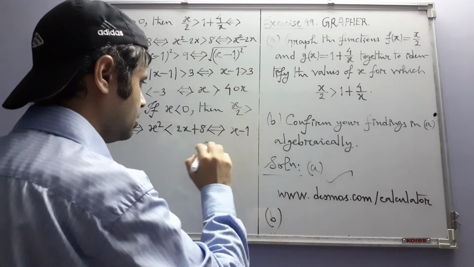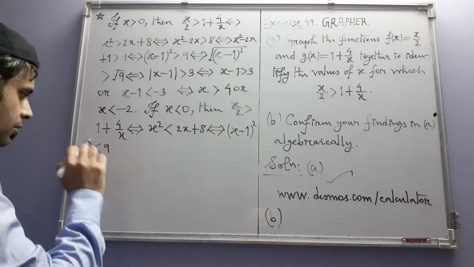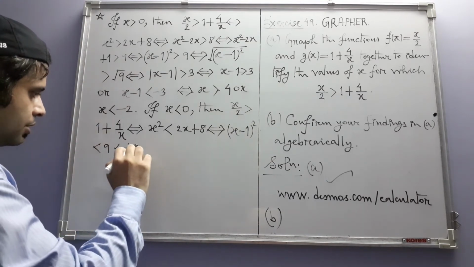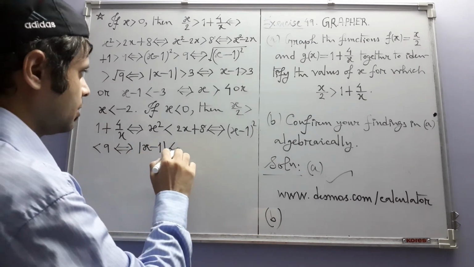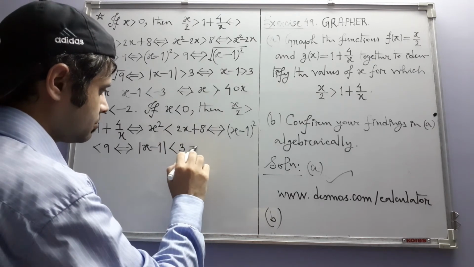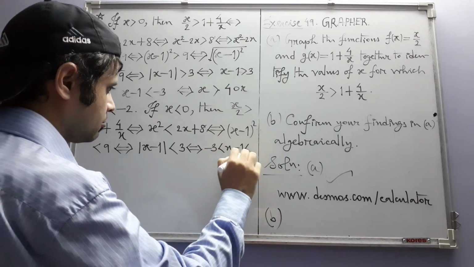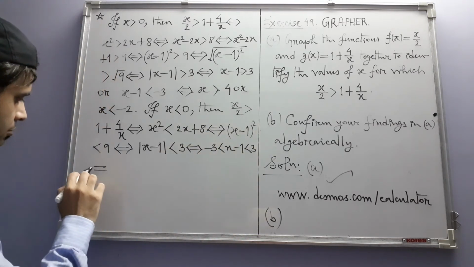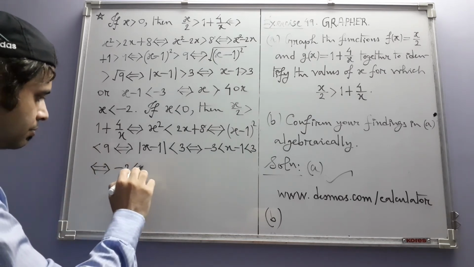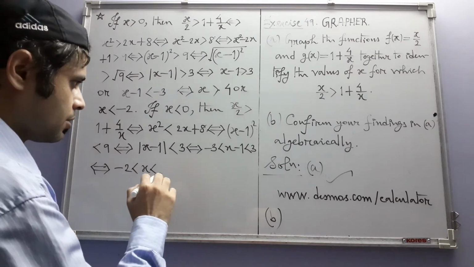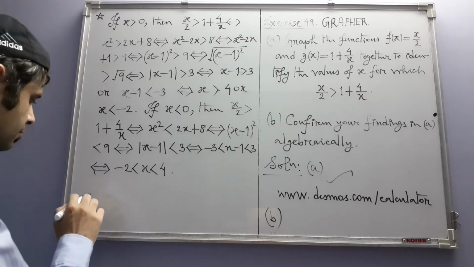So that means we have this square is less than 9 if and only if this is less than 3. So add 1, minus 2 is less than x is less than 4.